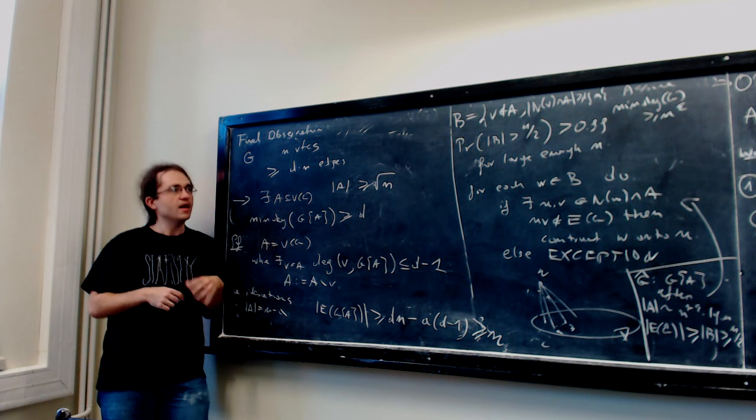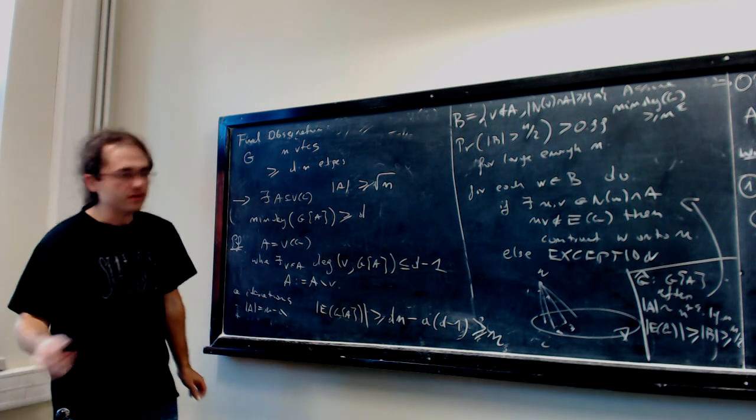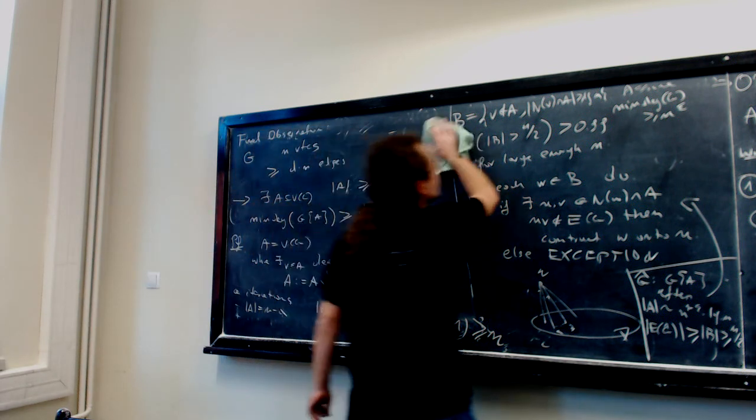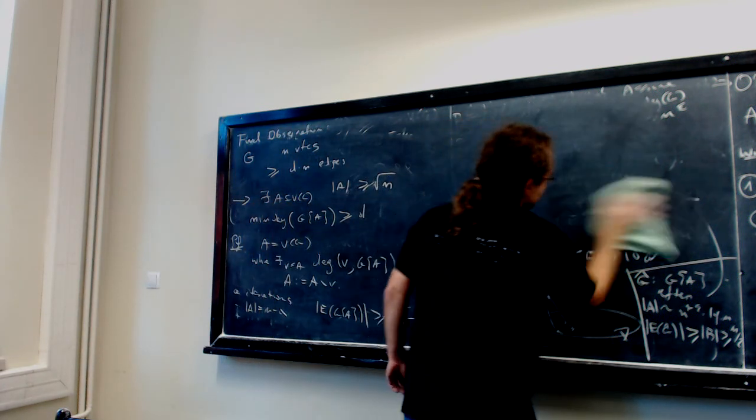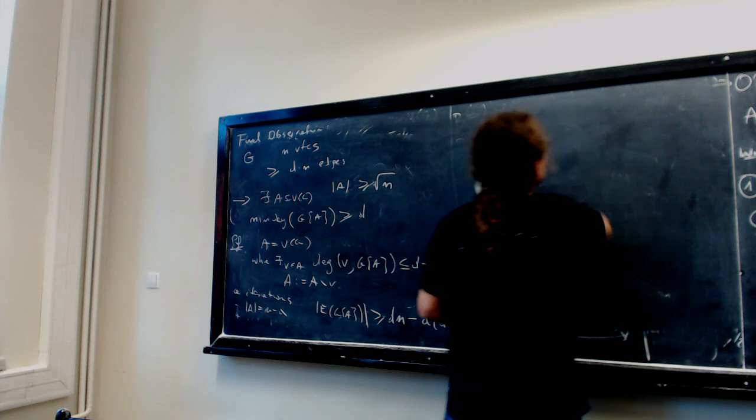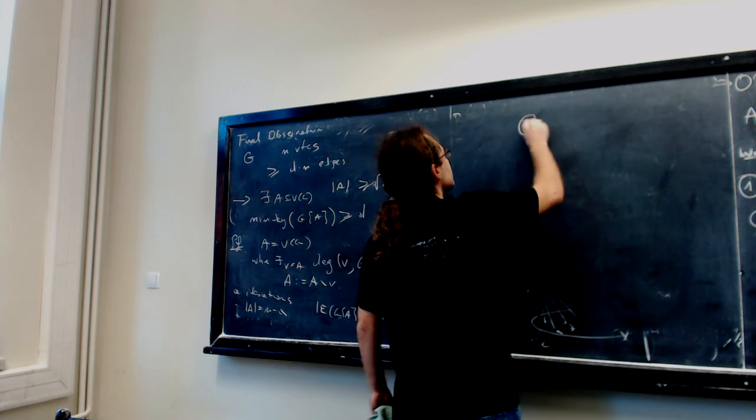Okay? And this is what we really want. What we are really doing here is that we do round robin. We start with our graph G_i, with n vertices and n to the 1 plus epsilon edges.